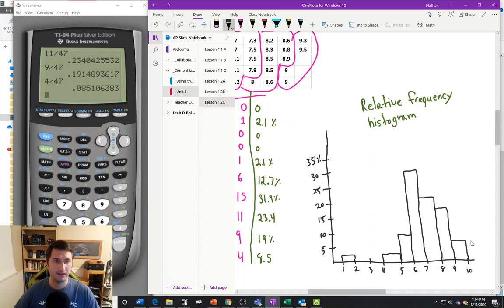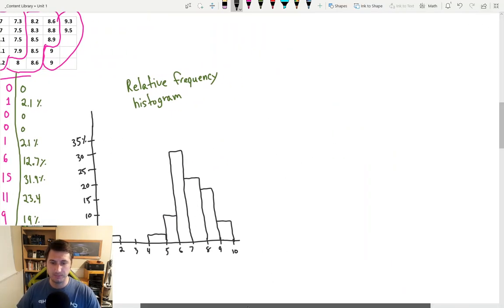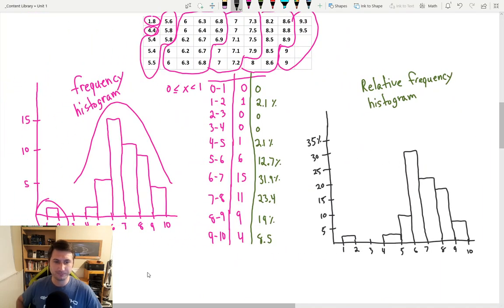Something like that. Now, one thing that I'm hoping you can see once I compare those two, the shape looks just about the same. As long as I drew the scales or the graphs the same actual height, the shape should be the same whether you use relative frequencies or regular frequencies.